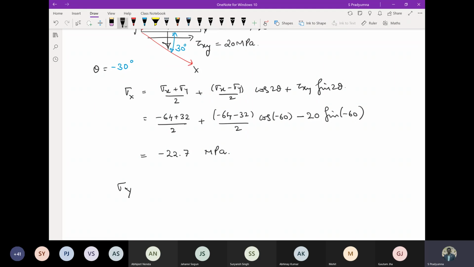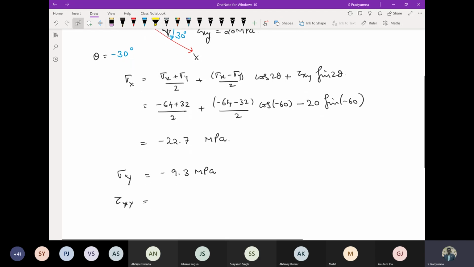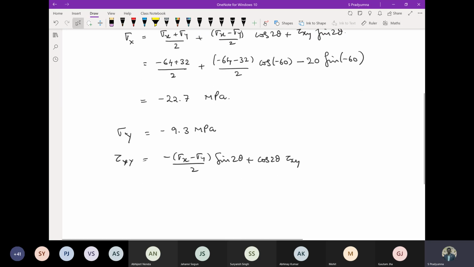Similarly, I can get sigma y from the equation, equal to minus 9.3 megapascal. And tau xy is equal to minus of sigma x minus sigma y by 2 sine 2 theta plus cos 2 theta into tau xy, which is equal to 51.6 megapascal. That is negative.